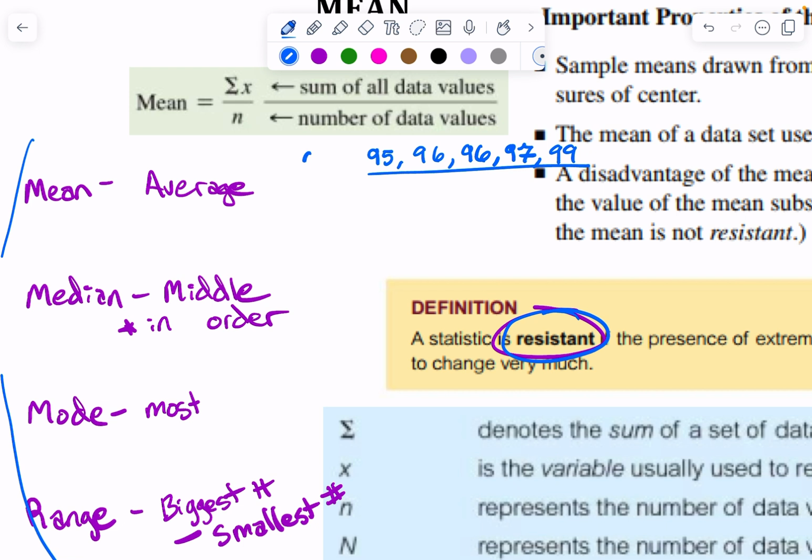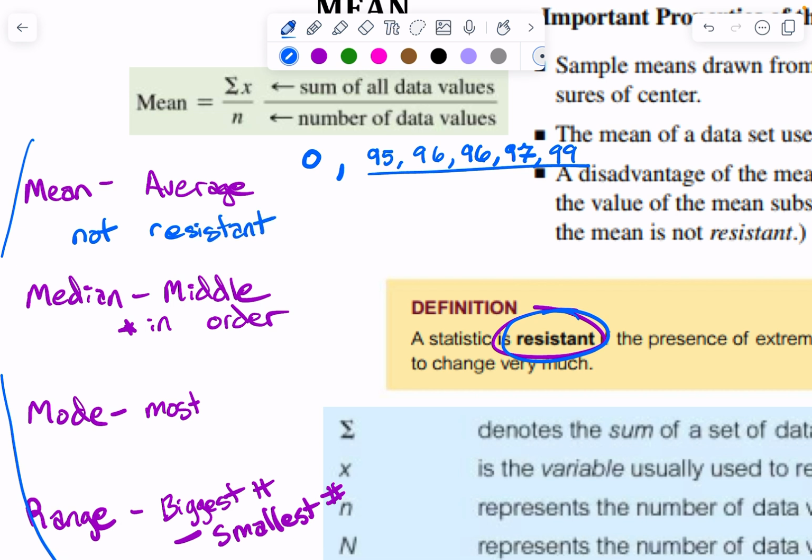But let's say I throw a 0 in there. In my case, that's an extreme value, extremely low in comparison to the other ones. Is that going to pull the average down? Well, if you've had that happen before, if I've thrown a 0 in the grade book because you haven't turned an assignment in, you'll know your grade plops down to like 40% or 60%. So the mean is not resistant to outliers.